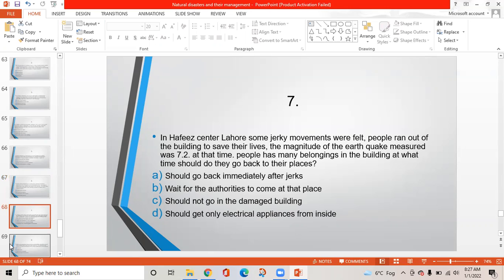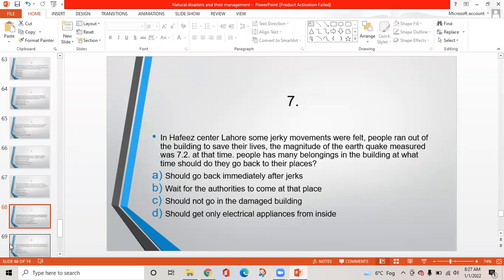In Hafiz Center, Lahore, some jerky movements were felt. People ran out of the building to save their lives. The magnitude of the earthquake measured was 7.2 at that time. People had many belongings in the building. At what time should they go back to their places? Option A, they should go back immediately after the jerks. Option B, they should wait for the authorities to come and visit that place.